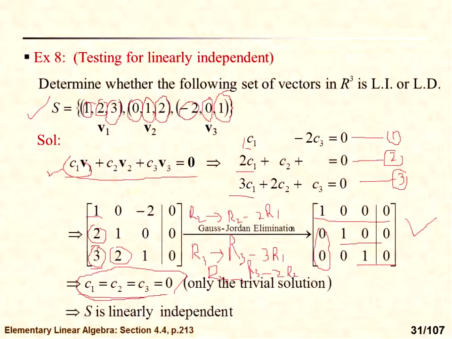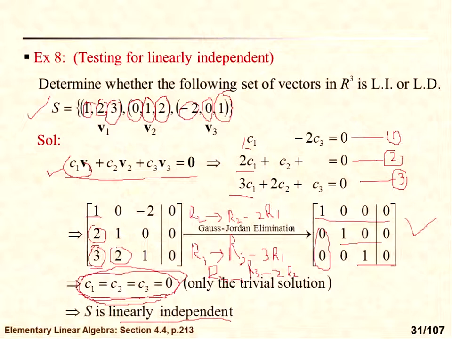So remember, what is the definition of linearly dependent and independent? In the previous slide I showed you the definition: if all the C's are 0, then we directly say that it is linearly independent.